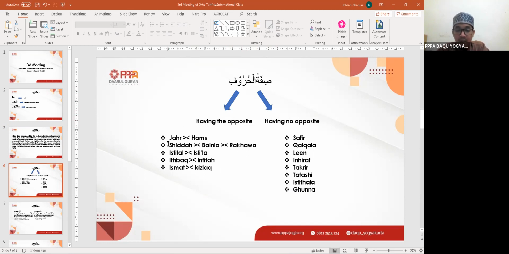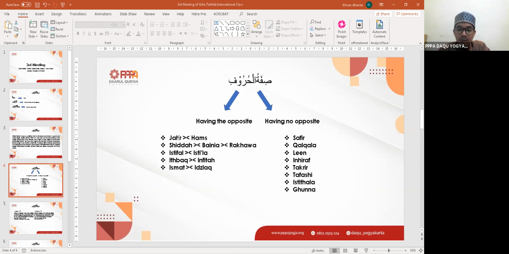So basically there are 20 sifatul huruf, or 20 Arabic letters traits. I say traits because there are 20 of them.